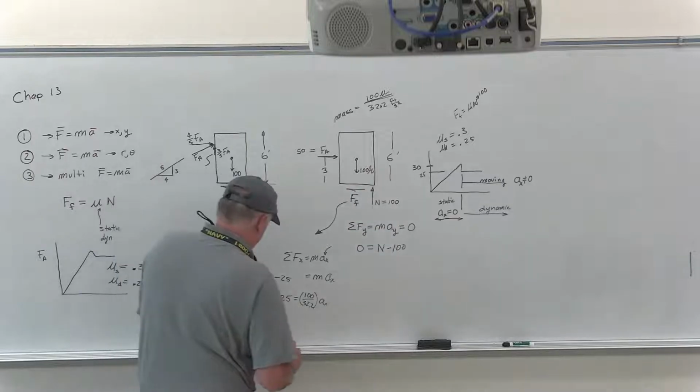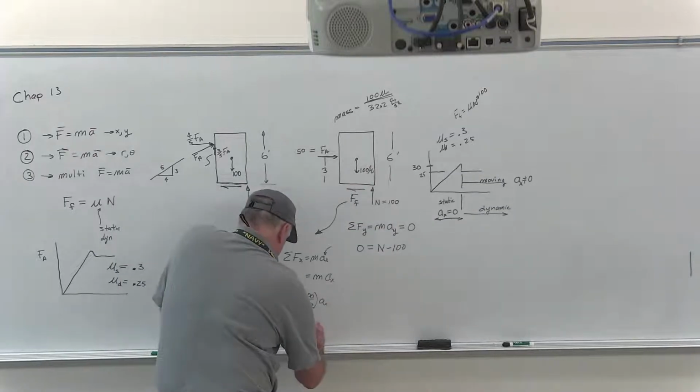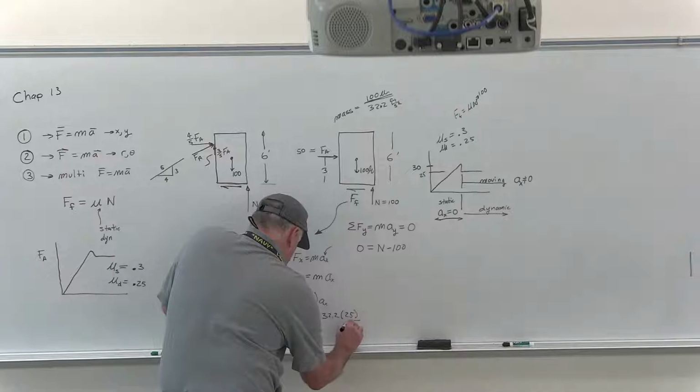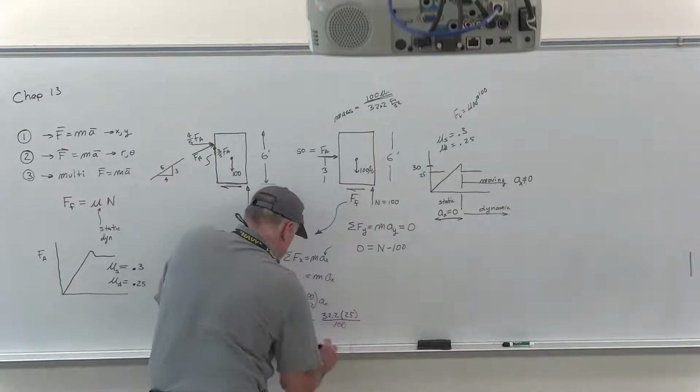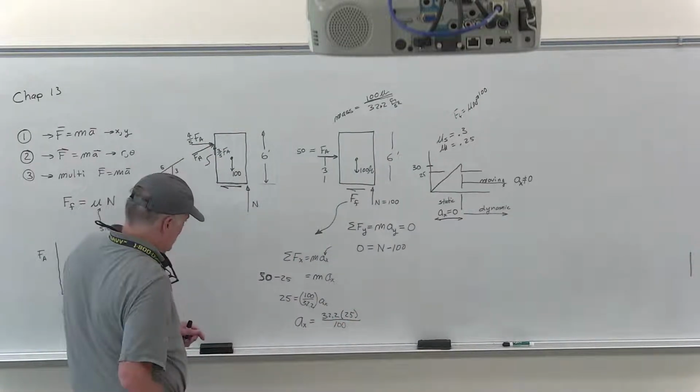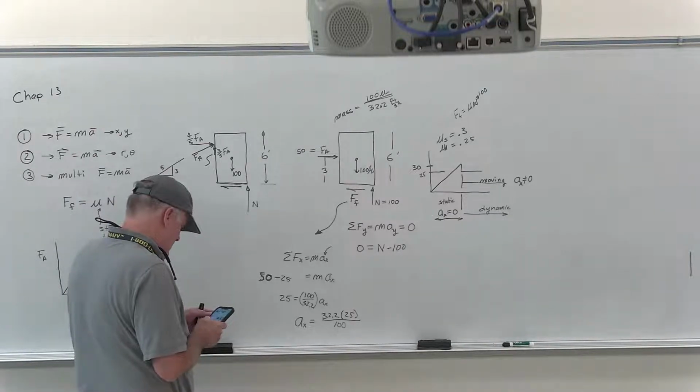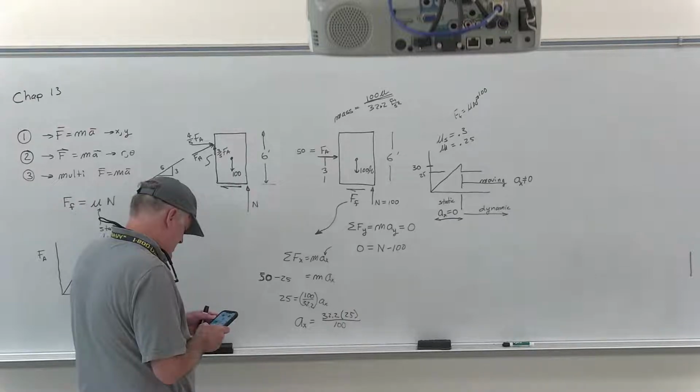So the acceleration is equal to 32.2 times 25 divided by 100. And I've been playing around with this app to do this.